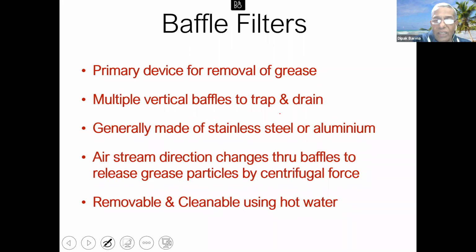Airstream direction changes through the baffles to release the grease particles by centrifugal force. It is removable and cleanable using hot water. These are the basic qualities of the baffle filter which we use for removal of grease.